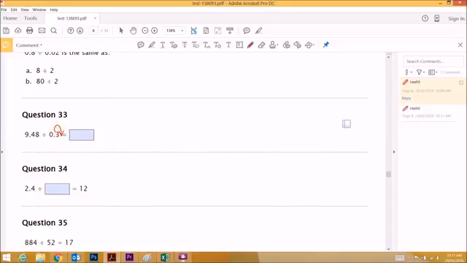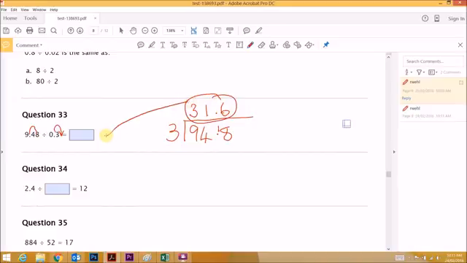My divisor is going to be a 3. My divisor always goes on the outside. My dividend goes on the inside. So once again, move my decimal place once, the same as what I did to my divisor, and now I can do the division. So 3 goes into 9 3 times, 3 goes into 4 once, with 1 left over, 3 goes into 18 6 times. So that there is my answer, 31.6.